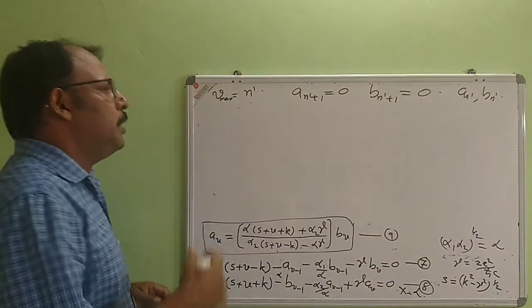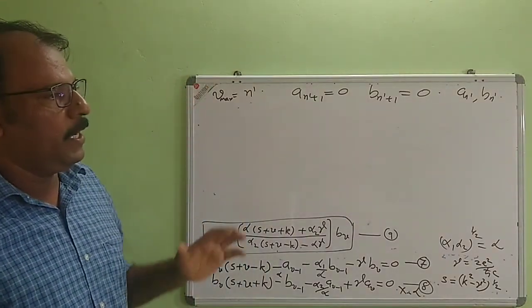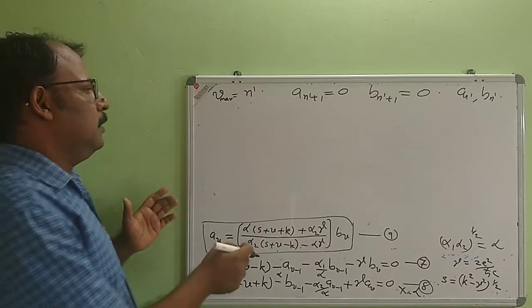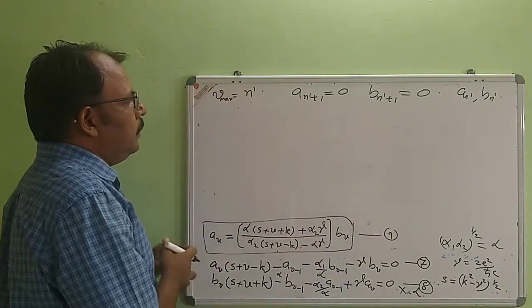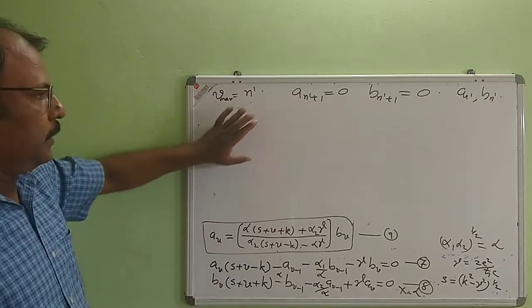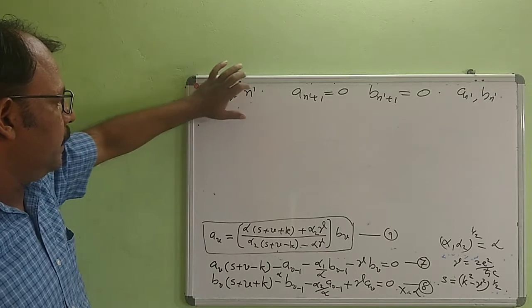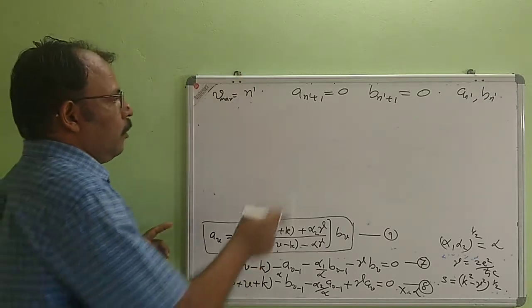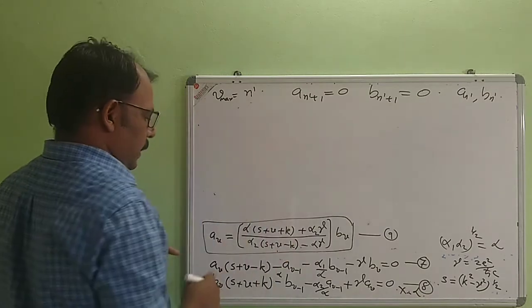All the coefficients beyond n dash should be equal to 0. Then only we will have an acceptable solution. Otherwise, it will not be 0 at infinity. So we are limiting the maximum value of v as n dash. And now we will obtain the coefficients a n dash and b n dash.